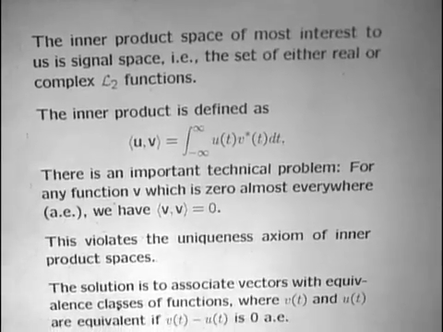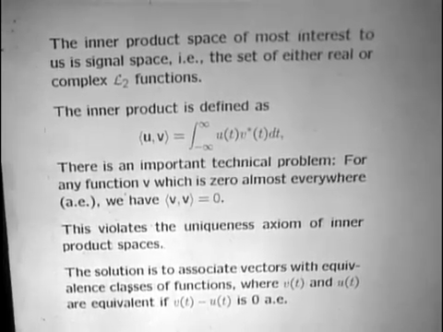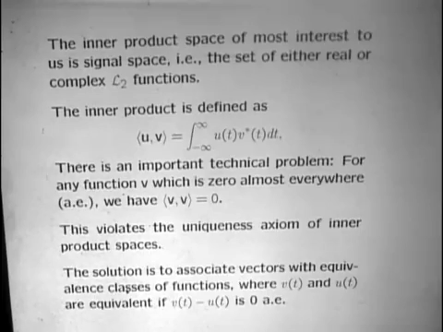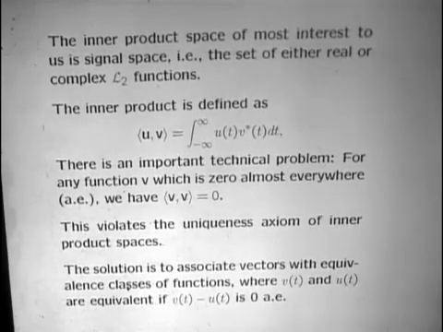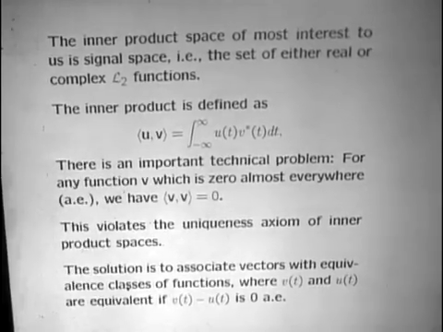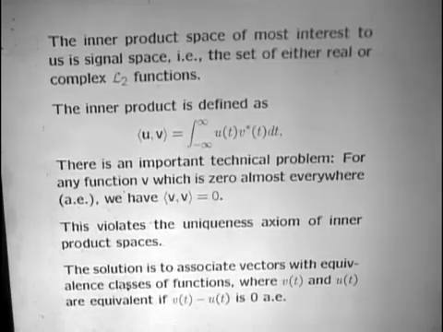Okay, the inner product space of interest to us is this thing we've called signal space. Namely, it's a space of functions which are measurable and square integrable. In other words, finite value when you take the square and integrate it. And we want to be able to talk about the set of either real or complex L2 functions.